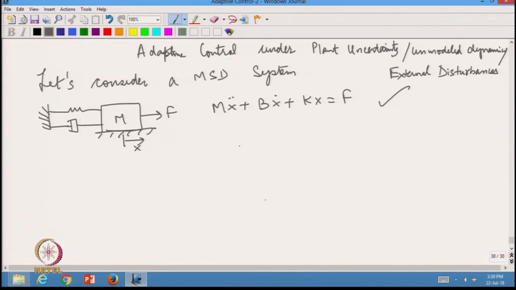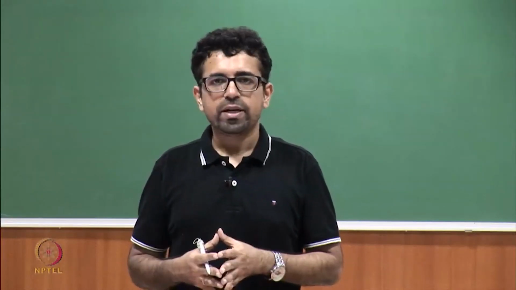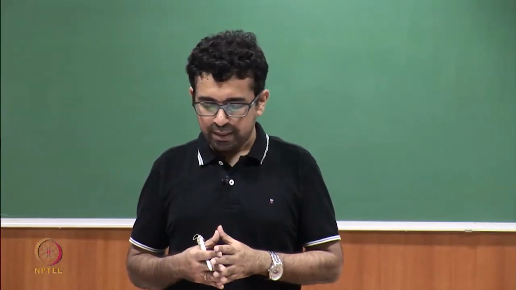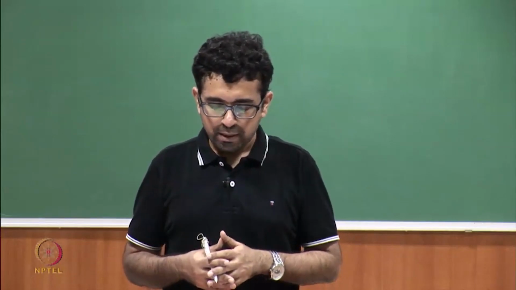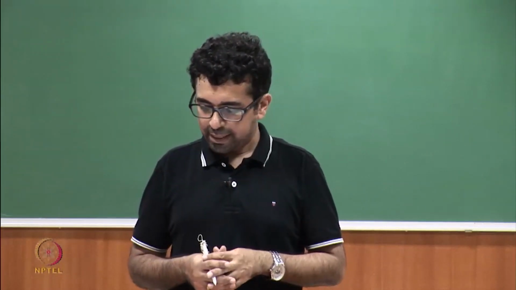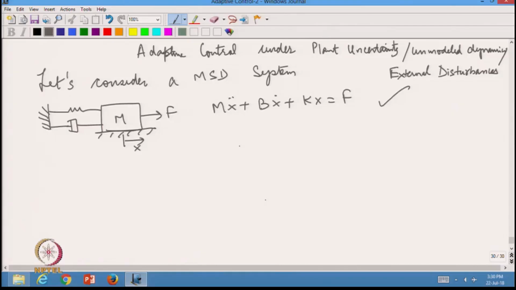Now we know that real systems are not exactly linear. There is some non-linearity or the other. So now if I modify this mass spring damper system and include some uncertain terms like say friction and say a nonlinear spring. So let us say the dynamics get modified as mx double dot plus bx dot plus kx.